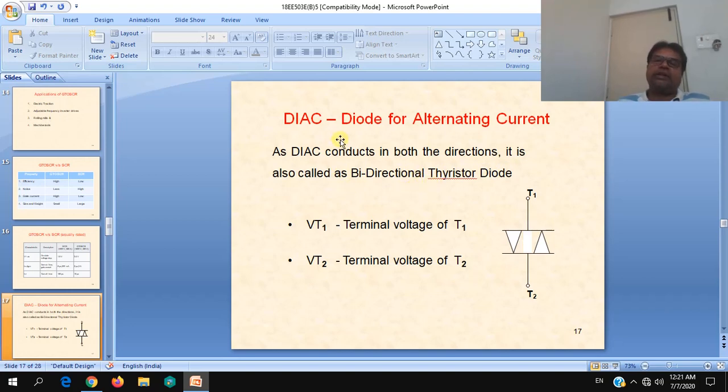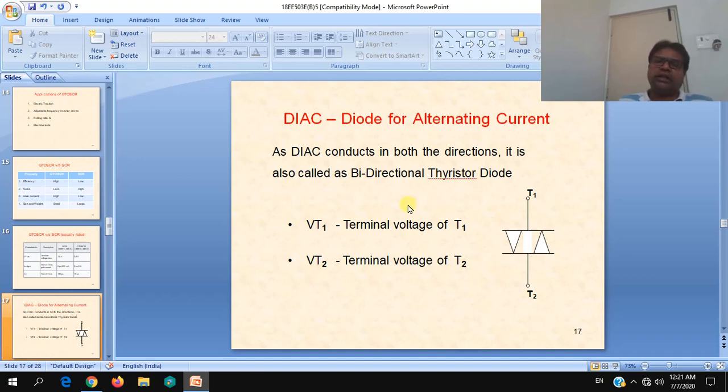After the PN junction diode, with further developments, the DIAC came into existence, where you can visualize its operation as two diodes connected in anti-parallel.